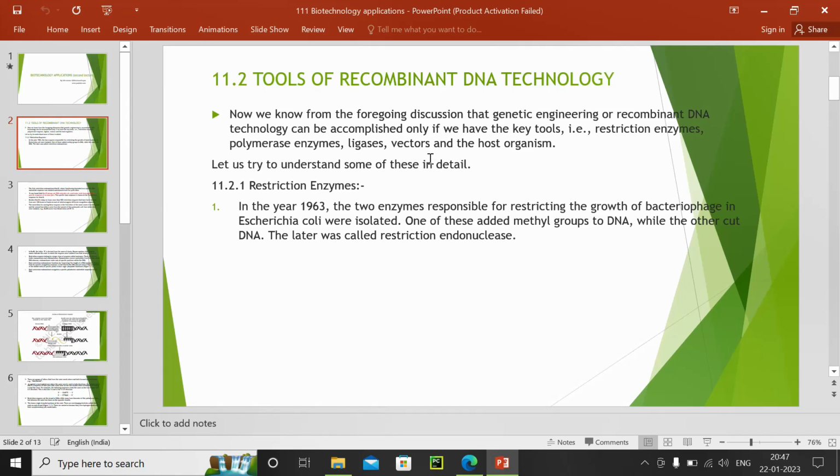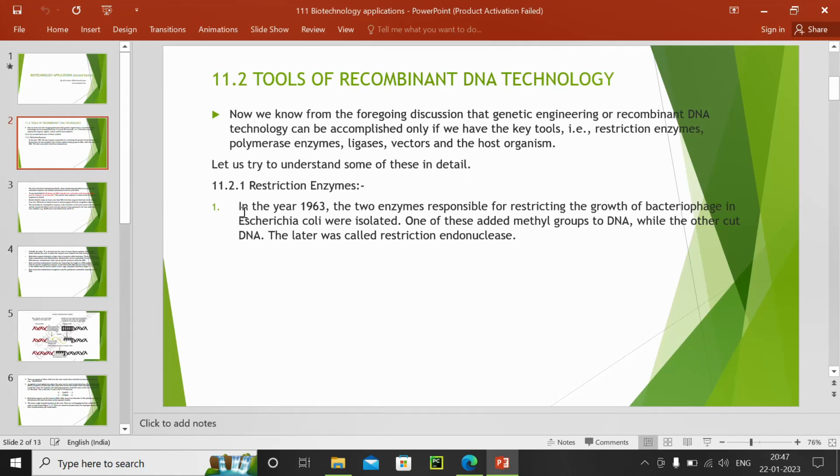Vectors are nothing but vehicles that are used to transfer the DNA from its donor organism to its host organism. So these are vectors. Let's try to understand all this in detail.